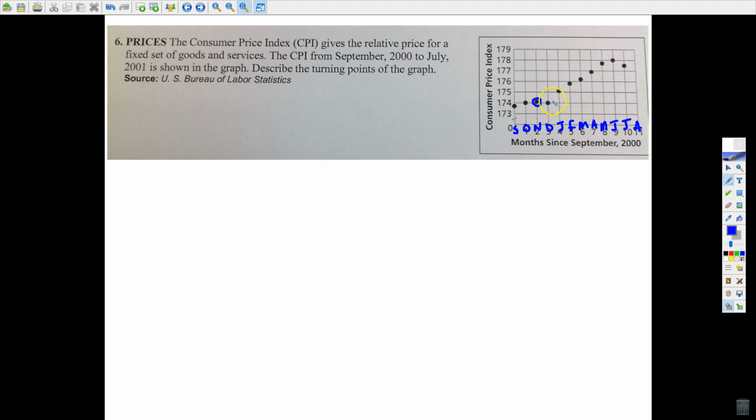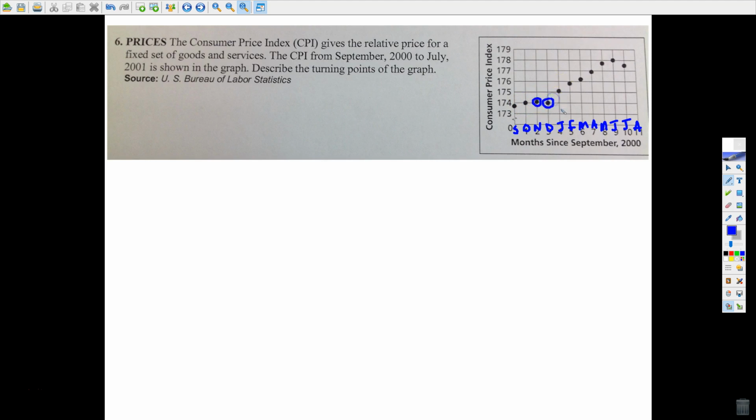Okay, then we keep going upward here. We have another point of inflection here at December. Okay, so you saw how we reached a peak, then we came down, and then we go right back up again.